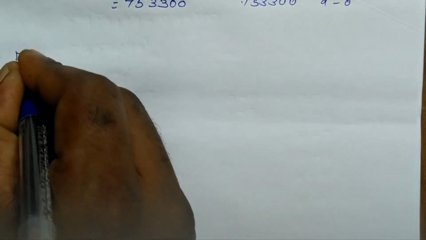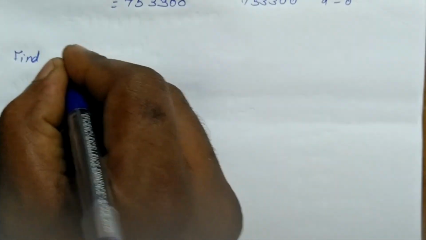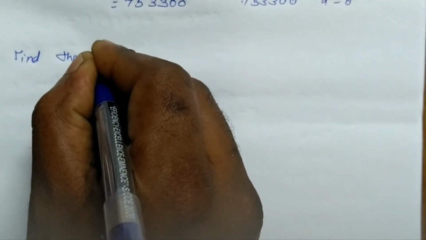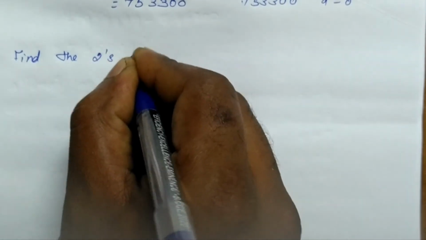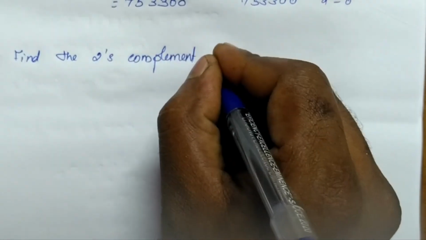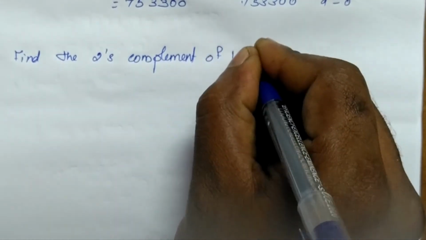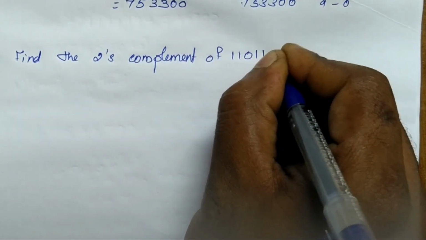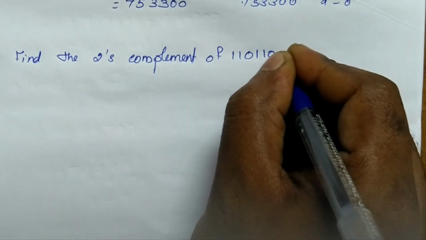Likewise we are going for binary. Find the two's complement of 1 1 0 1 1 0 0.